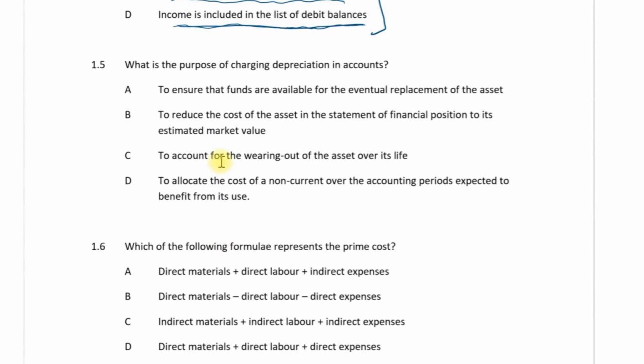Where are we? I scrolled too fast. Question 1.5. What is the purpose of charging depreciation in accounts?